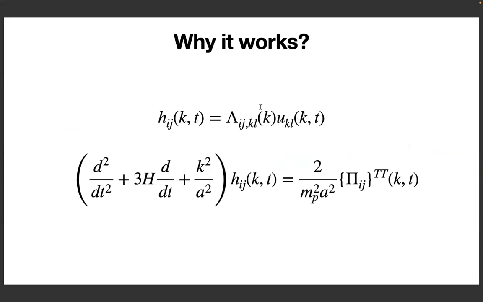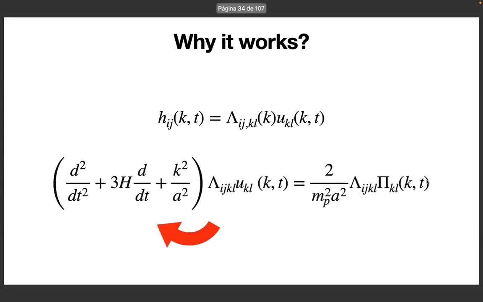Applying it over my U fields, I will get my H fields, my transverse traceless tensors. This is the equation of motion, let's say, in Fourier space. So I have my equation here, sourced by the transverse traceless part of the anisotropic stress tensor. Now I rewrite this using my projectors, and I see that these two operations commute.